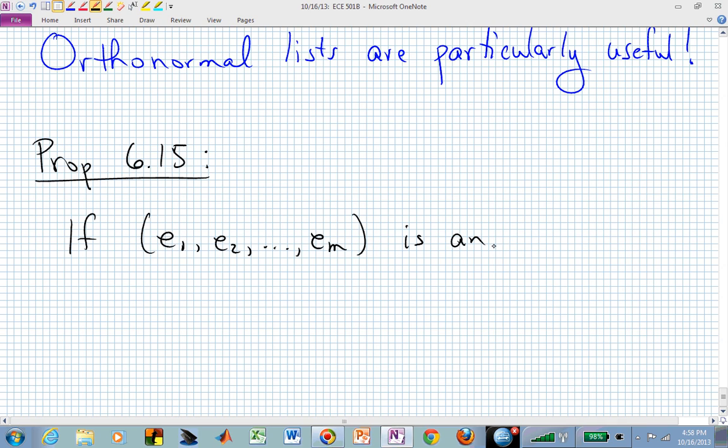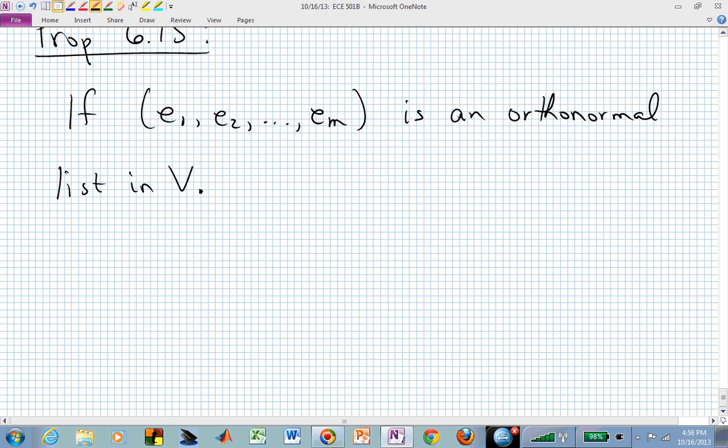Suppose that is an orthonormal list in some vector space V. Then what we can say is that if we looked at some linear combination of those orthonormal vectors scaled by some scale amounts, and we took the norm of that vector, we can basically find that length by just looking at the magnitudes of the scale factors, if that made any sense at all. Probably not. So let me write it down. This is what I'm saying.